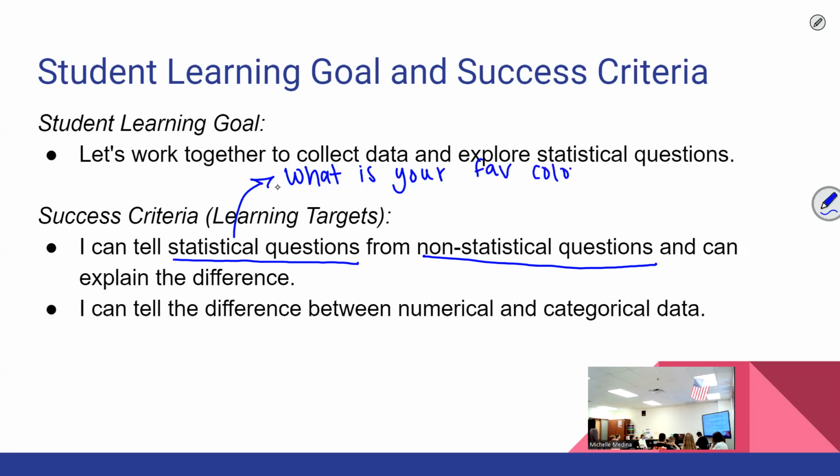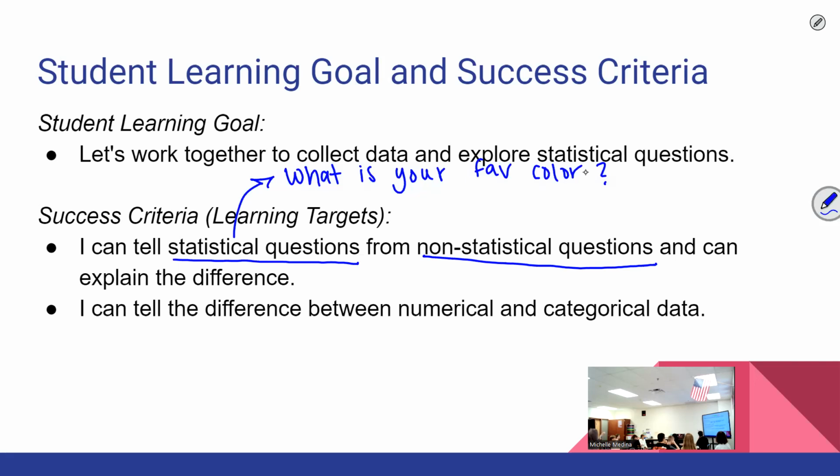That could be your survey question to figure out what the class's preferred colors are. So yeah, that's statistical. What makes that question statistical? You expect to have a variety of answers. Sometimes maybe you ask the class and they all have the same color. That's fine, but you would normally expect a variety of answers. So good on your statistical questions.